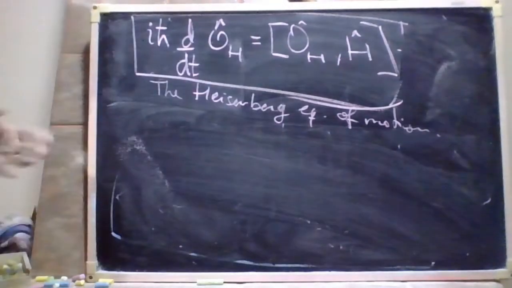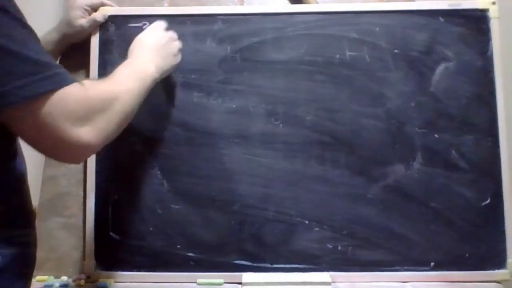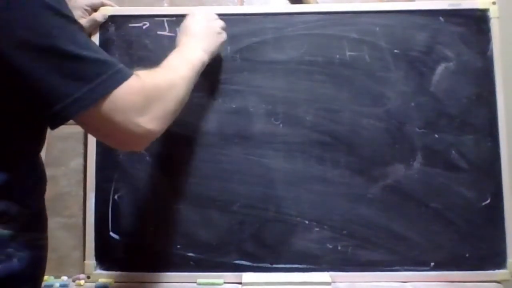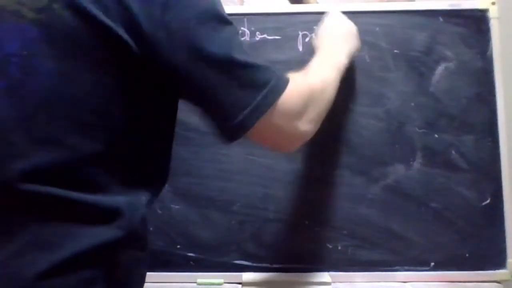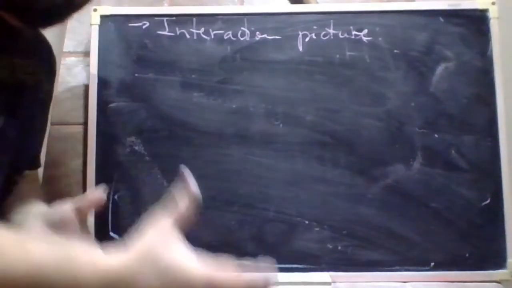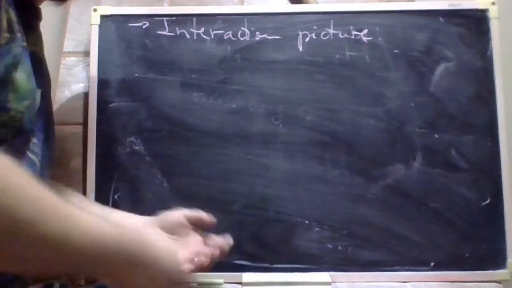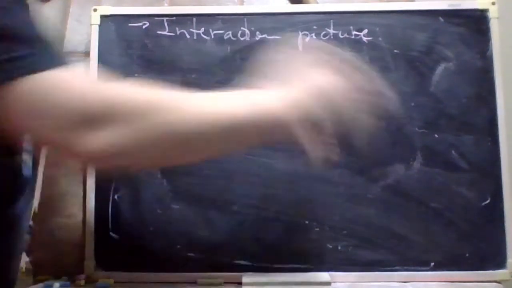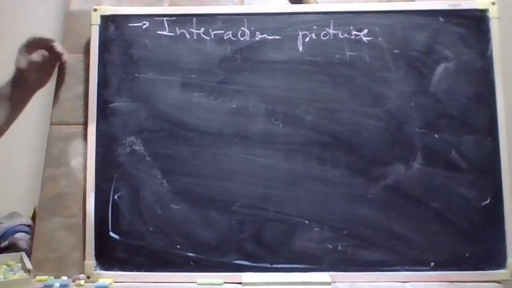So there are two points of view, and there are other possibilities. I will not talk about that right now, but there is something called the interaction picture. The interaction picture is a mixed picture. Something evolves with Schrodinger's equation, and other things evolve according to Heisenberg equations of motion.